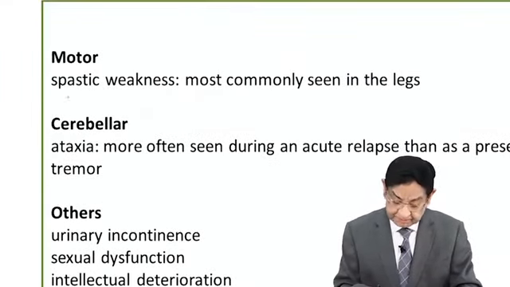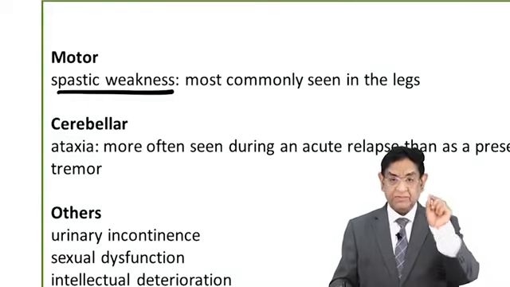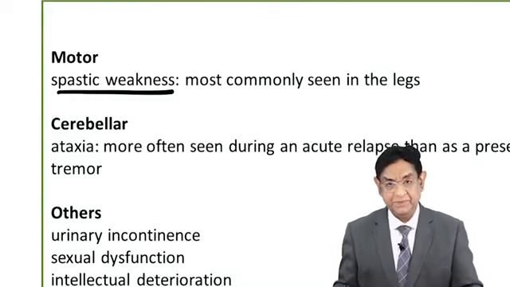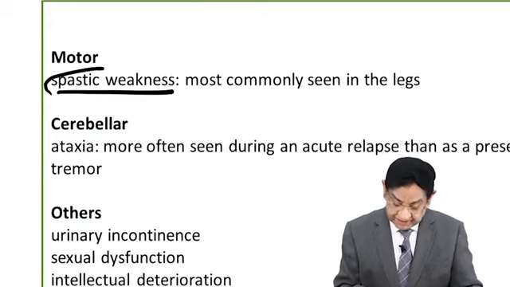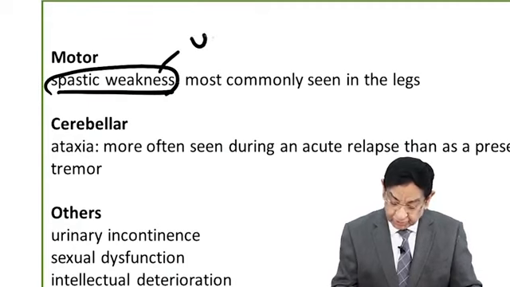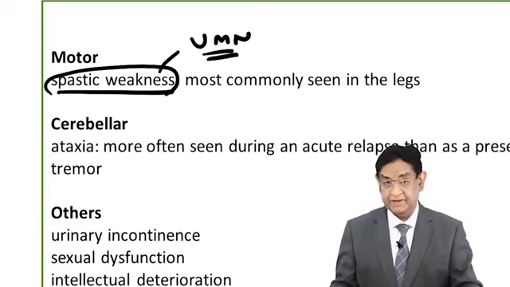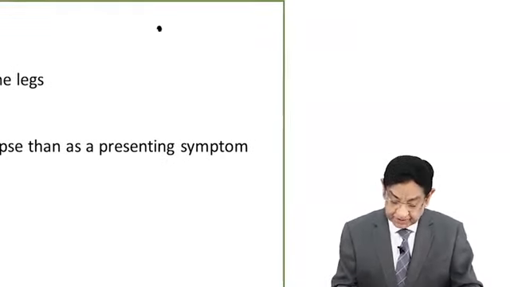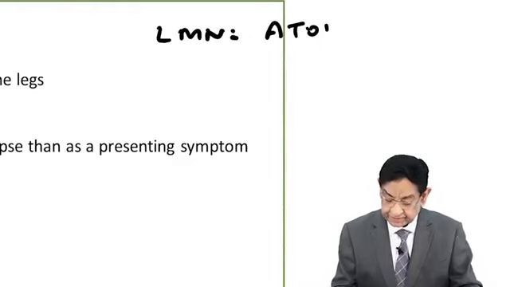Motor spastic weakness. Now comes the gold medal question. Spastic weakness indicates upper motor neuron lesion. Definitely it indicates upper motor neuron. In lower motor neuron lesion, you get atrophy. That's simple, basic.